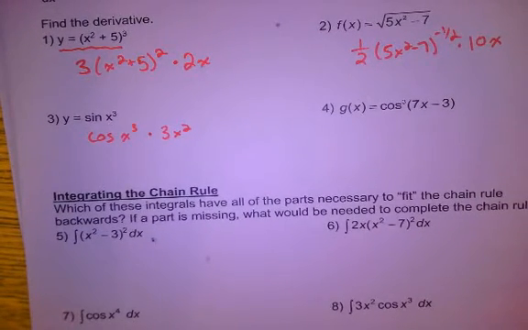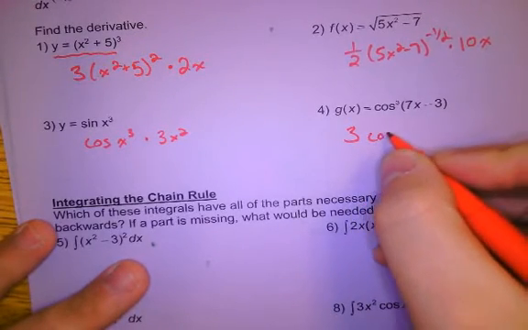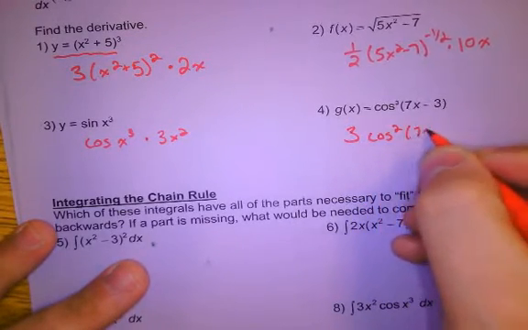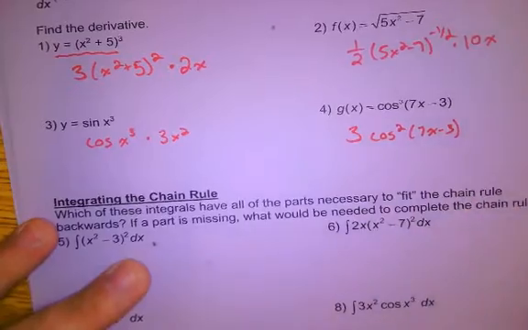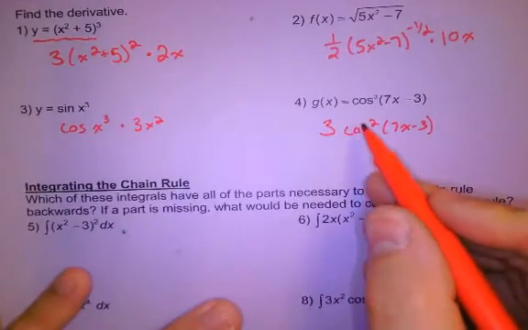Oh, this one's got some things going on here. What's the derivative of the outside? The most outer part. So it's 3. Inside stays the same. Yeah, I heard somebody say sine. Now what's the derivative of the cosine?